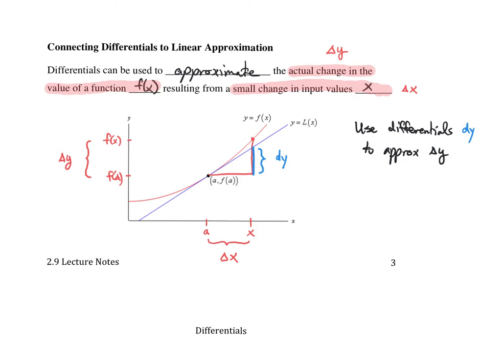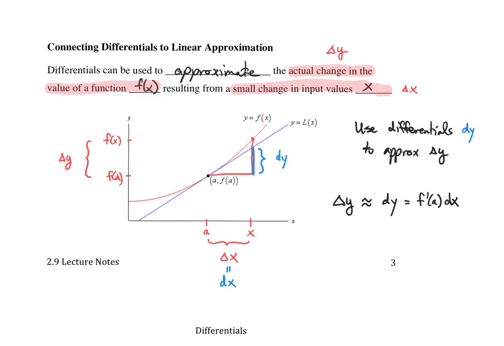Now, we need a dx as well, and dx is going to be the same as delta x, like this. Okay, so what I'm trying to tell you is that when we use differentials to approximate the change, we're basically going to say this: delta y is approximately equal to dy, which is really equal to f prime of a times dx.